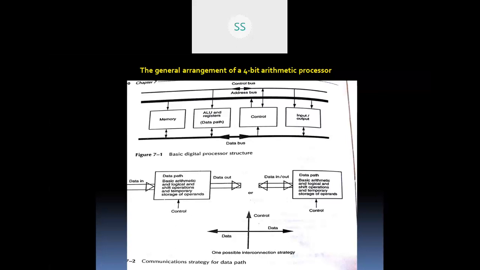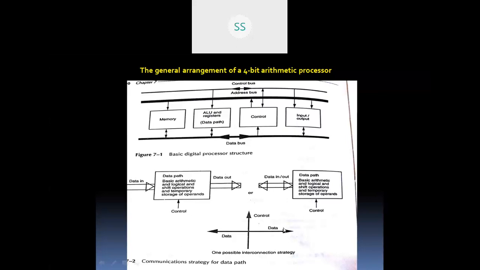The data path is separately drawn here. In the basic digital processor structure we have a data path as well as other blocks, but in this diagram only the data path is separated.